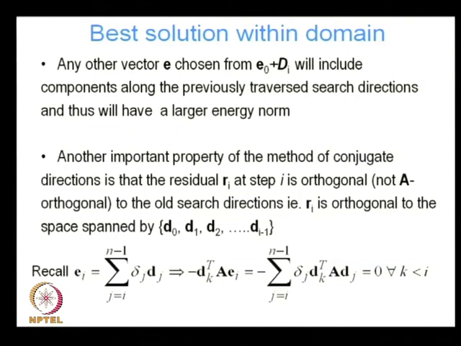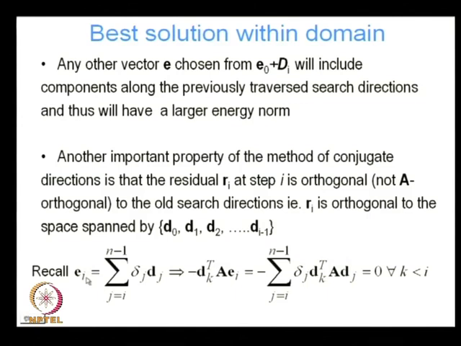So, let us talk about another important property of the method of conjugate directions, which is that the residual at step i, r_i, is orthogonal, not A-orthogonal in this case, to the old search directions. That is, r_i is orthogonal to the space spanned by d_0, d_1, d_2 to d_(i minus 1), which I called D_i. So, the residual at iteration i is orthogonal to the space spanned by these vectors. Well, how can we show it?